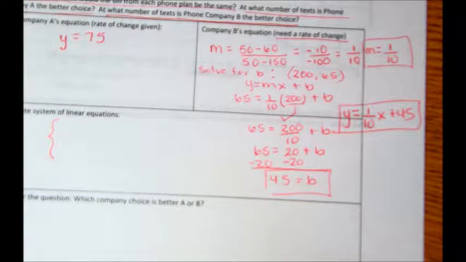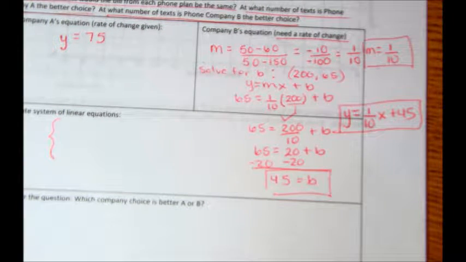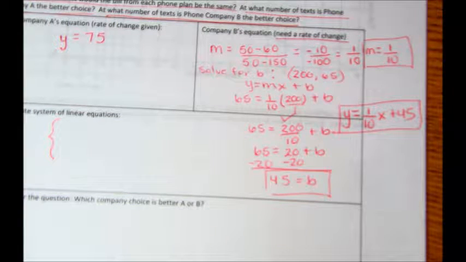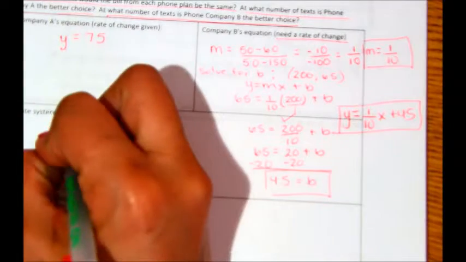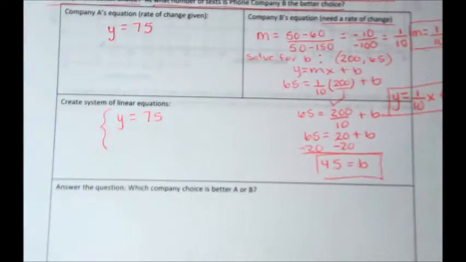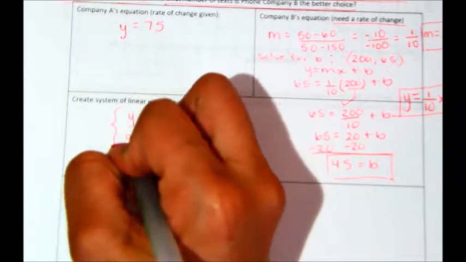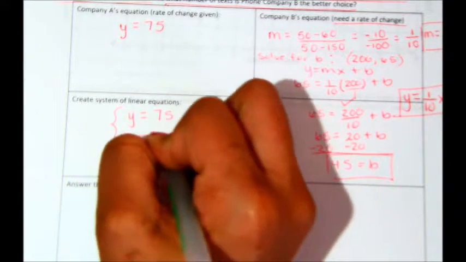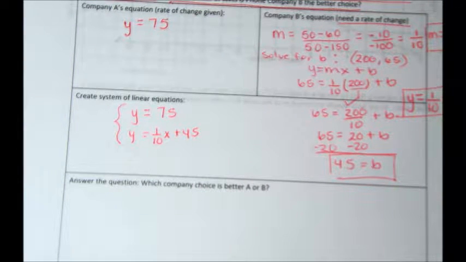All right, so I have come up with the equations. Now I can begin to figure out what number of texts will make the plans the same. So the first equation I'm going to write is company A's equation, and the second equation is company B's. We have learned to solve a system of linear equations.